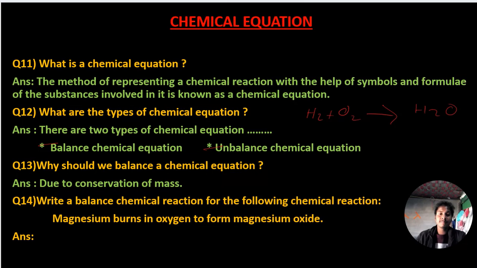Why? According to conservation of mass, mass can neither be created nor destroyed. But if you see this example, here are two hydrogen and two oxygen, but here two hydrogen, one oxygen.